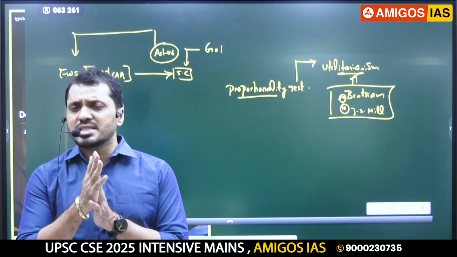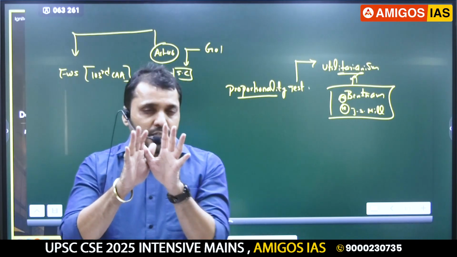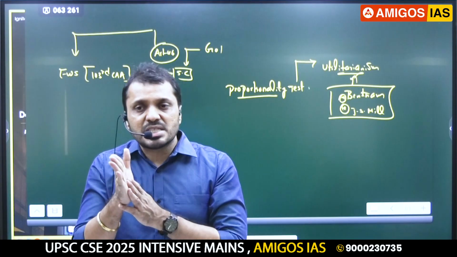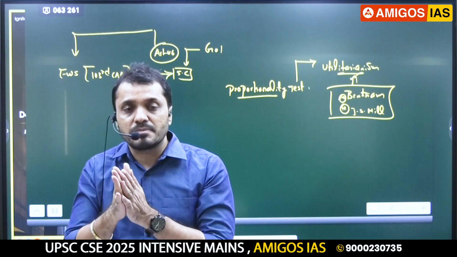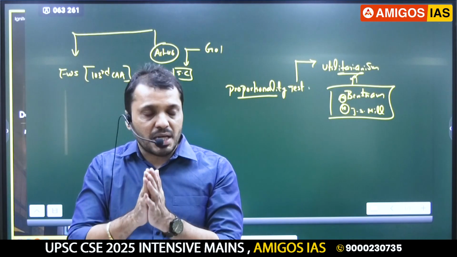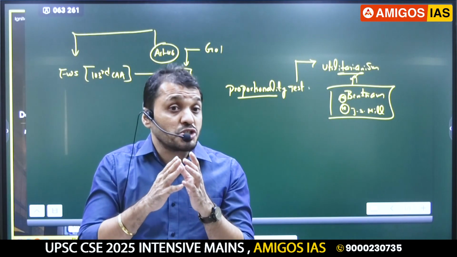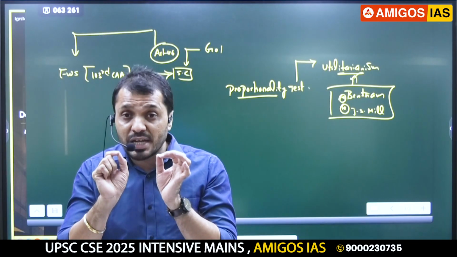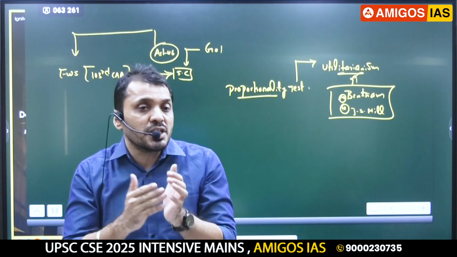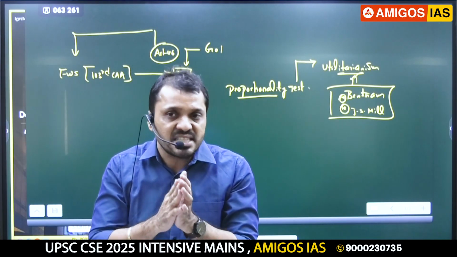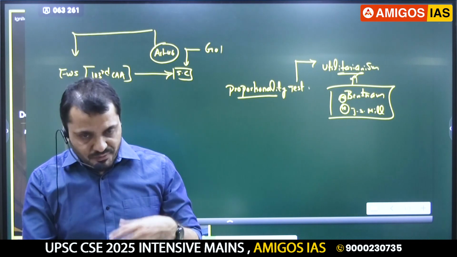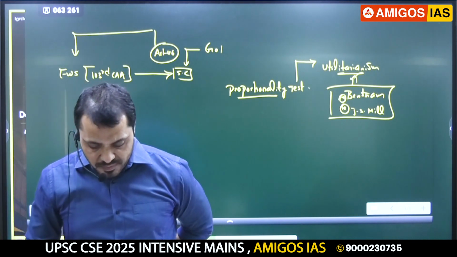First thing you have to understand, guys, in the introduction, ideally, our constitution was both flexible and rigid, because the constitution makers' main objective is that the constitution should be responsive to the changing socio-political needs of the country. That is the reason the Indian constitution is both flexible as well as rigid.